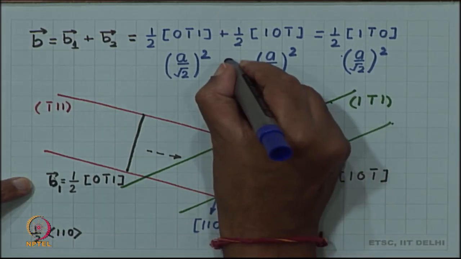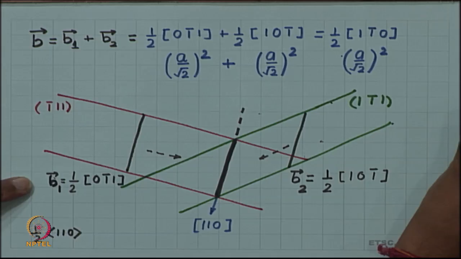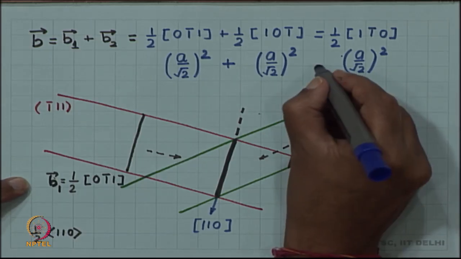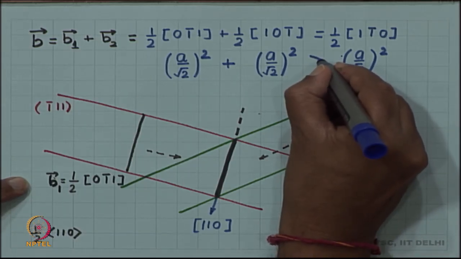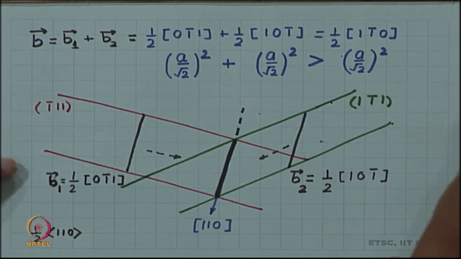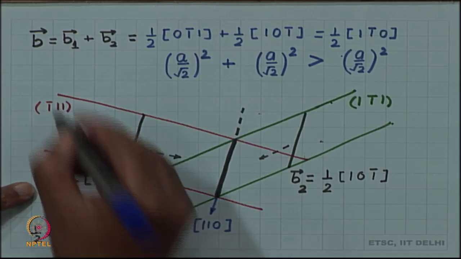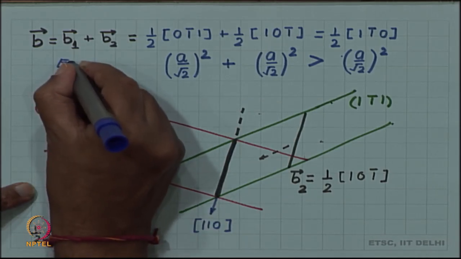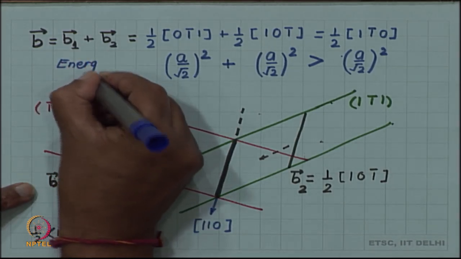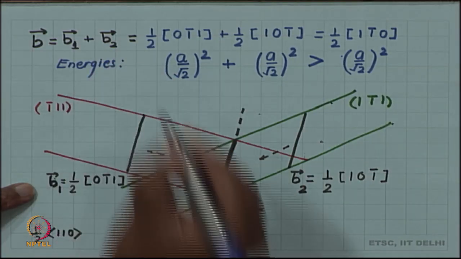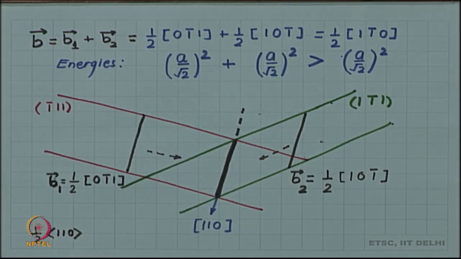But initially there were two dislocation lines. So, you had the sum of these two energies, which is greater than the final energy, which is the energy of a single dislocation line. Which means that this reaction is actually favorable.